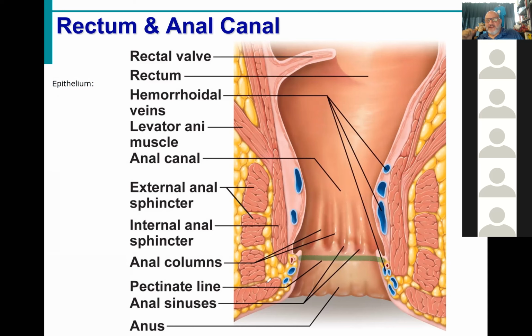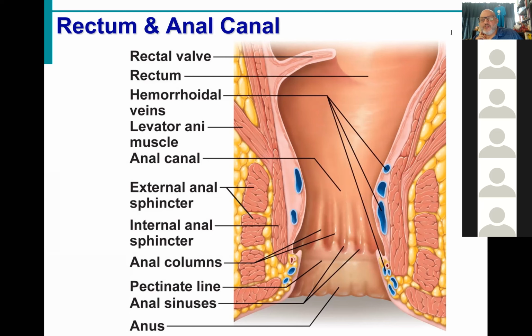That pectinate line is actually where you see that transition of the epithelial tissue exactly into a non-keratinized stratified squamous epithelial tissue. Excellent. So we have that anatomy there with that pectinate line where that occurs.